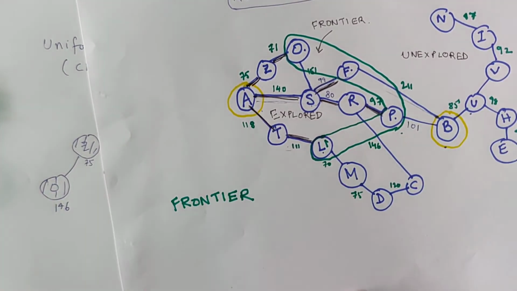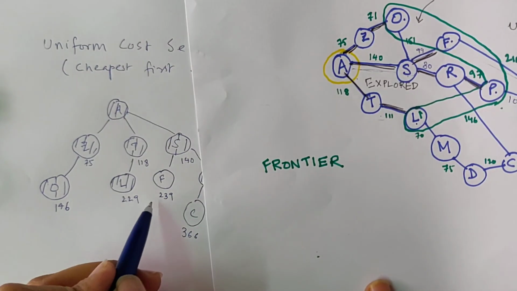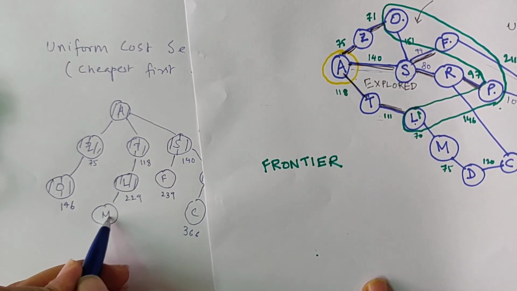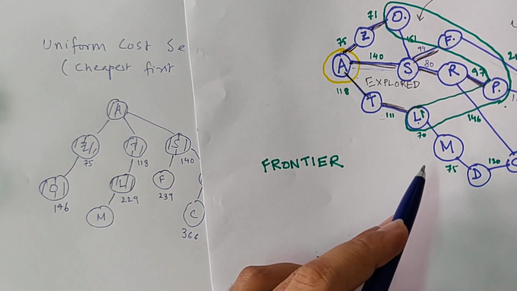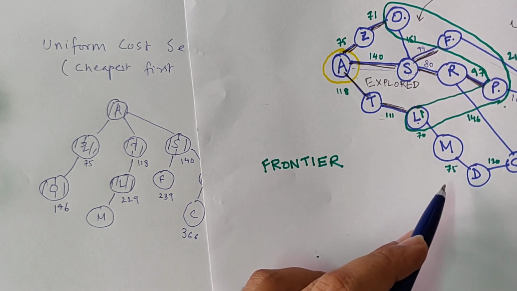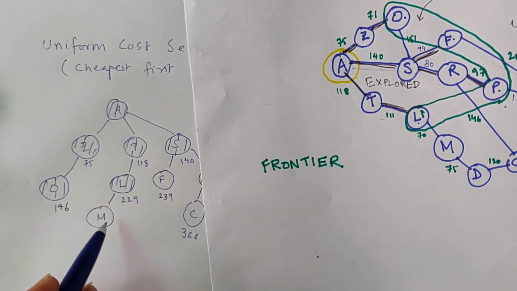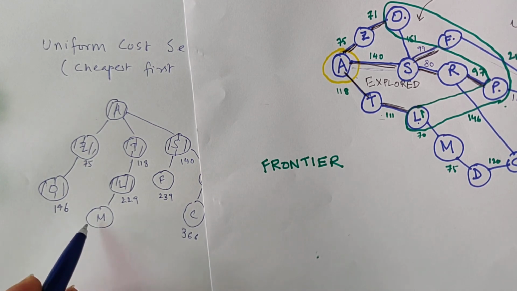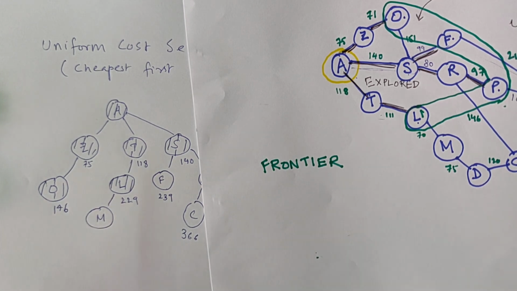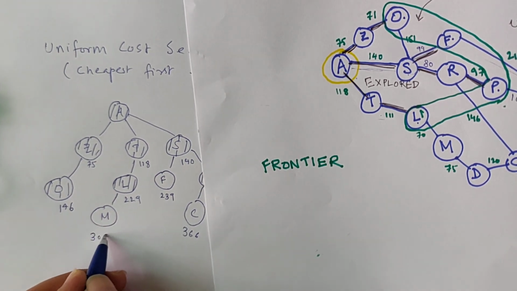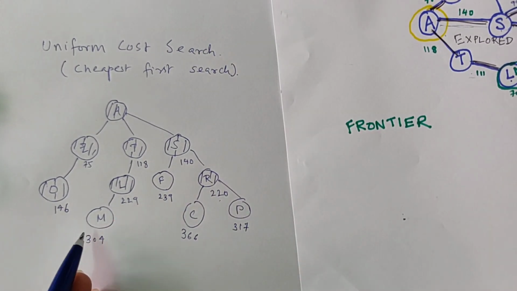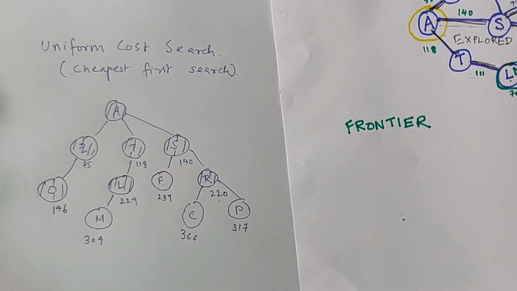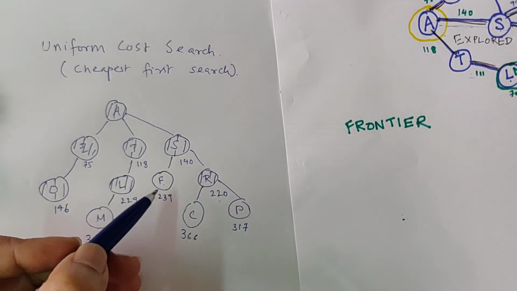By opening L, I get M. The path cost up to M is 229 plus 75, which is 304. Now in my frontier I have M, F, C, P. Which one should I open?